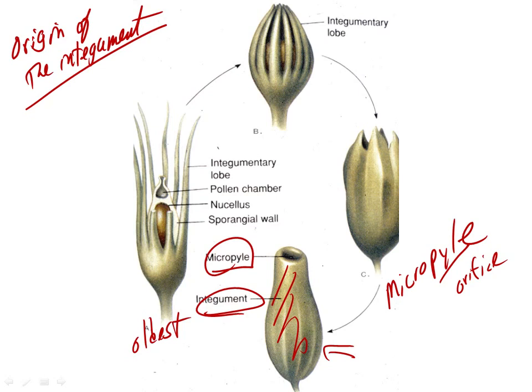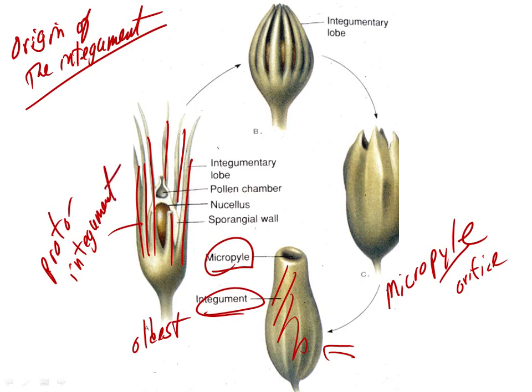For now, we can see in this older version, we have some leaf-like structures present around the megasporangium, and this is thought to be the proto-integument. So it's kind of like the indusium in ferns.